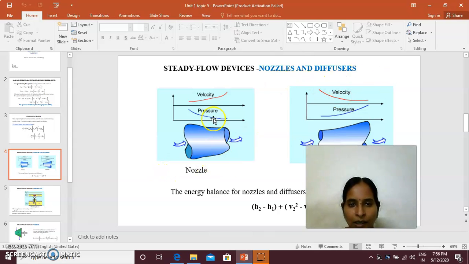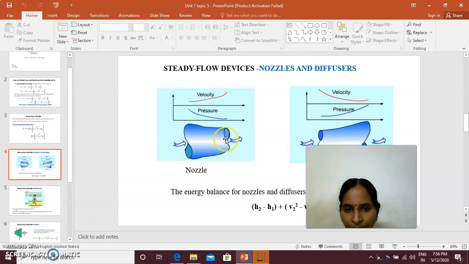Here you can see that the purpose of a nozzle is to increase the velocity of the fluid. The fluid or substance coming out of the nozzle should have a higher velocity compared to the initial velocity.